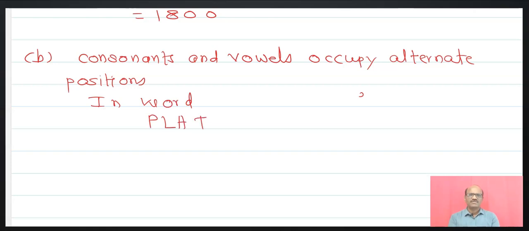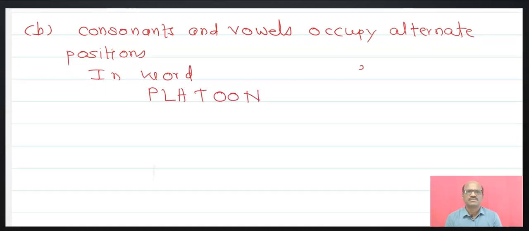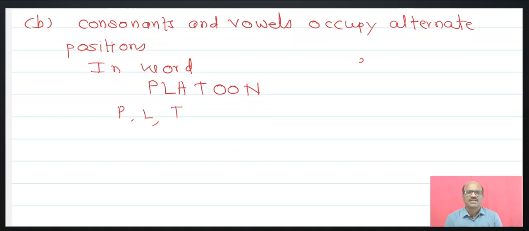Therefore, in the word platoon, that is A, O, O, these are the vowels, and P, L, T, N. P, L, T, N are the consonants.